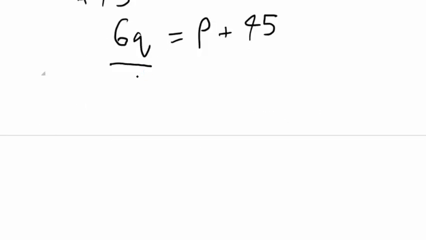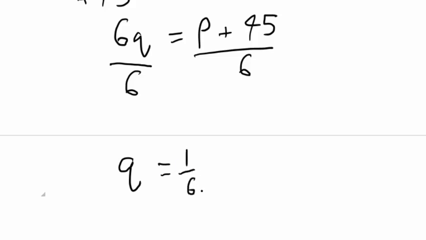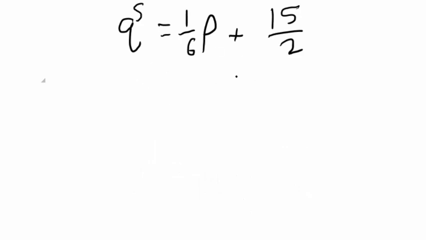And then if we divide both sides by 6, we are left with Q equals 1/6 P plus 15 over 2. And now we have a quantity function, and this quantity function is actually our quantity supplied function for each firm. So depending on the price, each firm will supply so much. However, we can't do too much with the supply function.